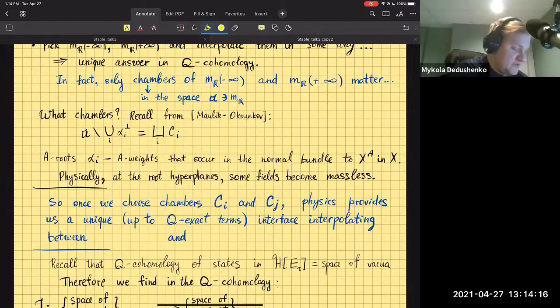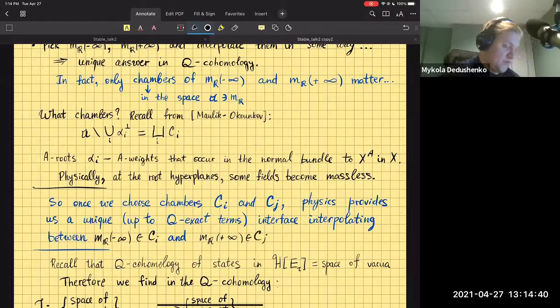And then physics provides you with a unique, up to Q exact terms, interface interpolating between this real mass at minus infinity, which is supposed to be in one chamber, and mass at plus infinity, which is in a different chamber.